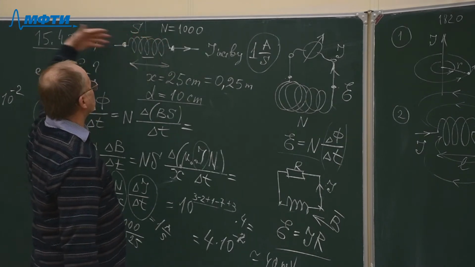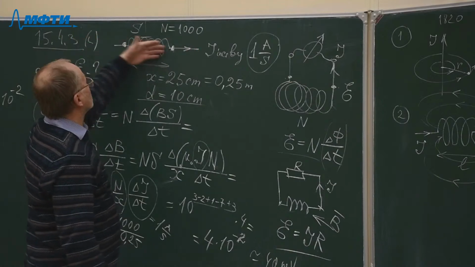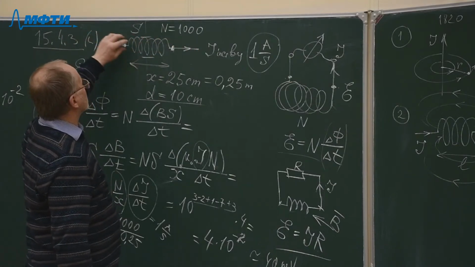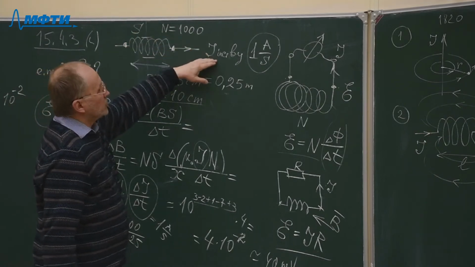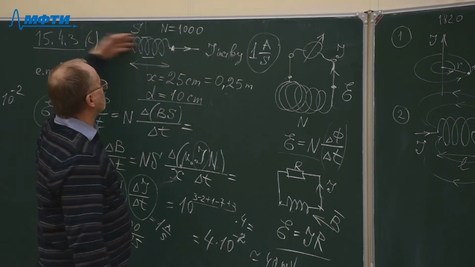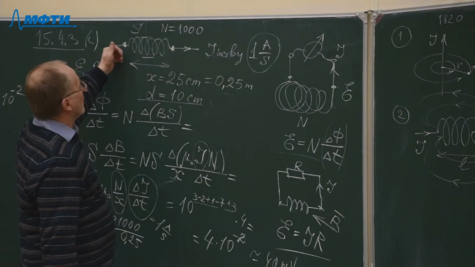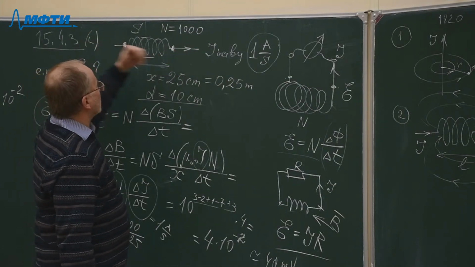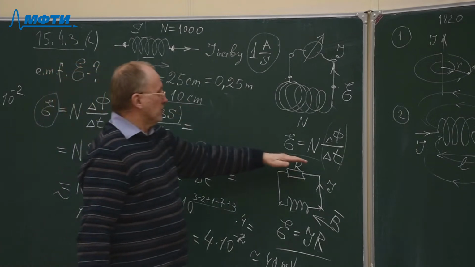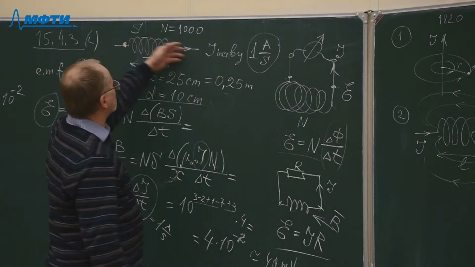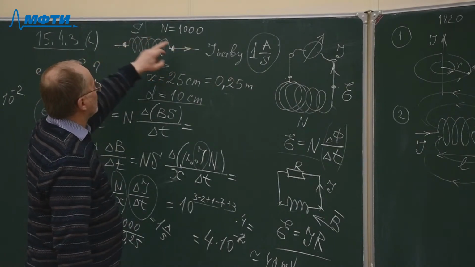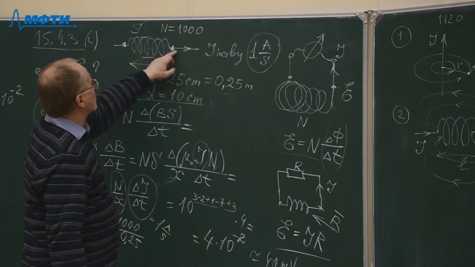And this magnetic field, as it pierces the solenoid, will create a magnetic flux. So if the current is changing, then the magnetic flux is also changing. And the changing magnetic flux, according to Faraday's law of electromagnetic induction, creates some potential difference.